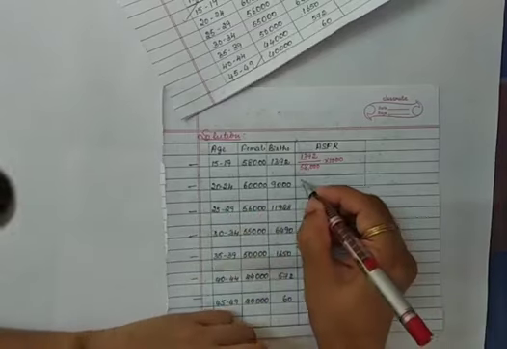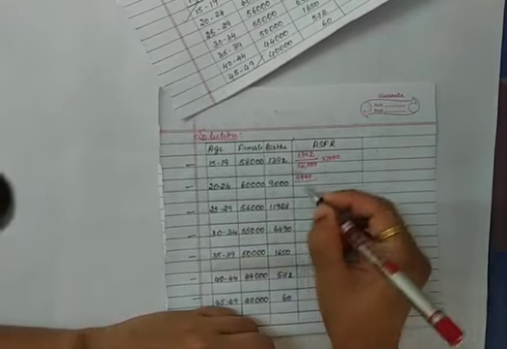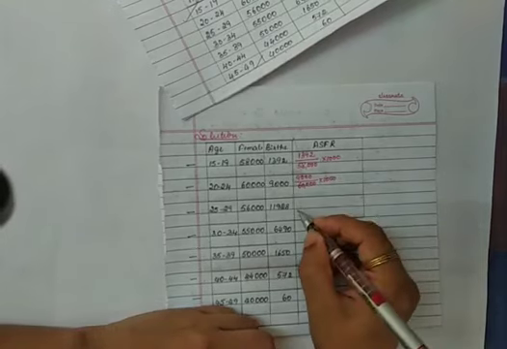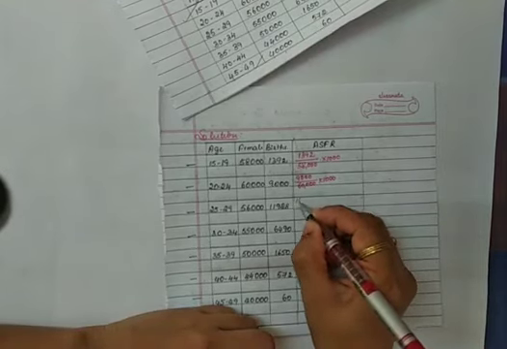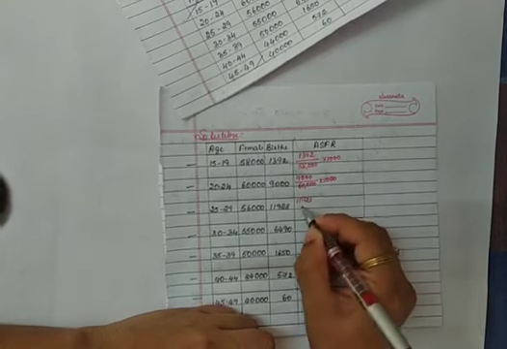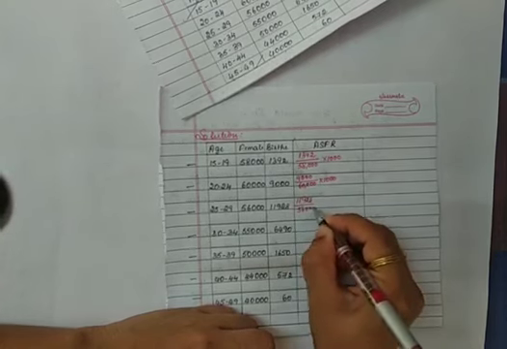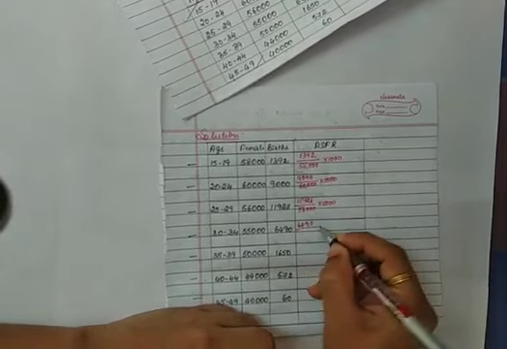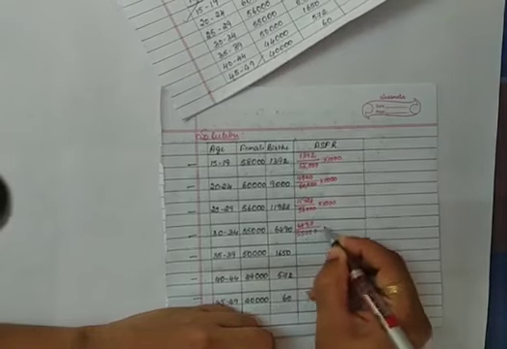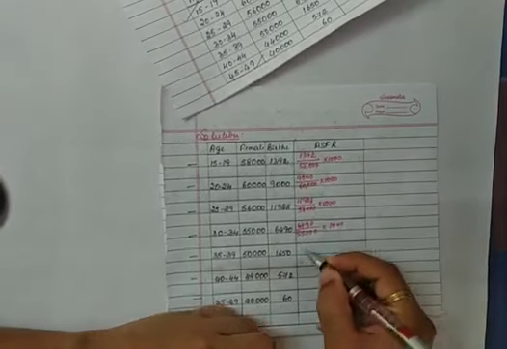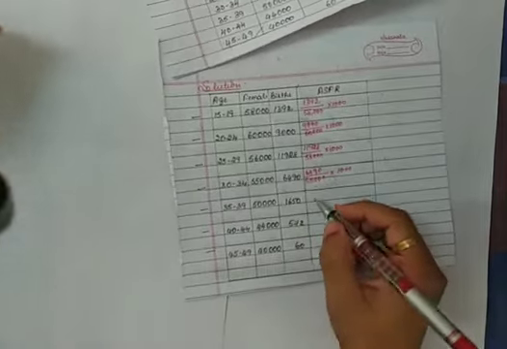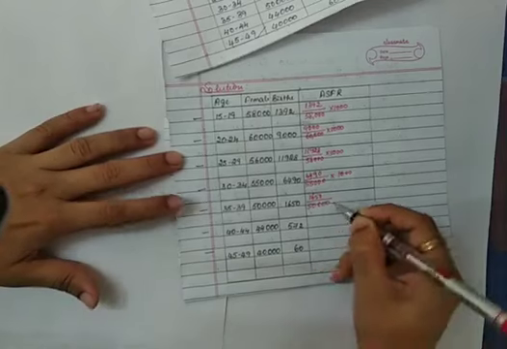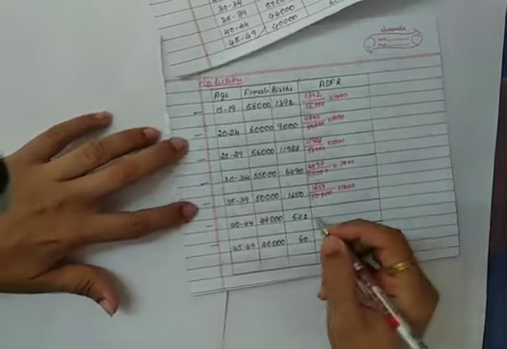Same way for the next one, 9,000 divided by 60,000 into 1,000. 11,928 divided by 56,000 into 1,000. 6,490 divided by 55,000 into 1,000. 1,650 divided by 50,000 into 1,000.